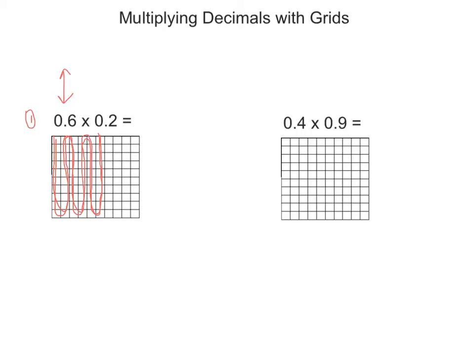For 2/10, I'm going to shade this horizontally. And basically, when I was looking at each of these rows, I was looking at them as a whole row. And so now that I'm taking 2/10 of 6/10, it's like I'm taking each of these rows, splitting it into 10 pieces, and I'm going to take 2 of them.